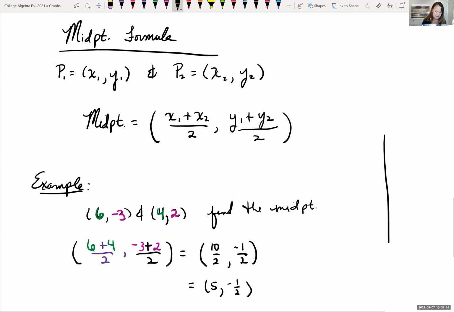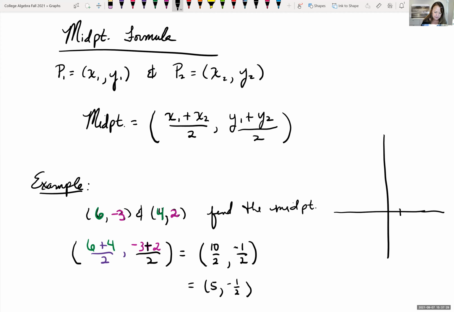And let's just look at it. So if I was to plot 6 and go down to, so 6, -3, not 2. And 4, 2. And they're telling me that the halfway point is at 5 and -1/2.